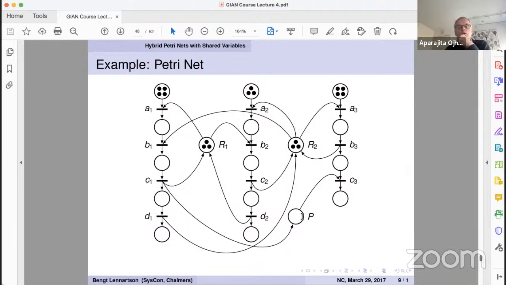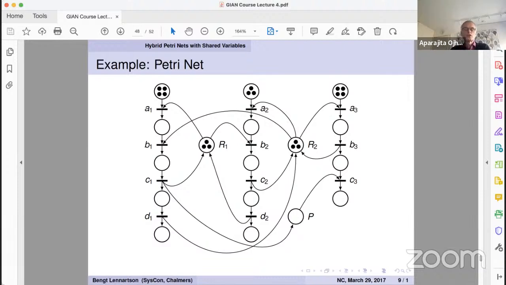And then there is also a connection between the first and the third sequence. And that is that C1 must have happened at least one time to make C3 possible. So there is a condition that you must have at least one token here to implement C3.